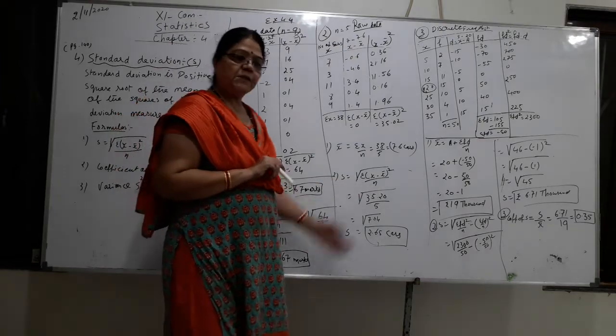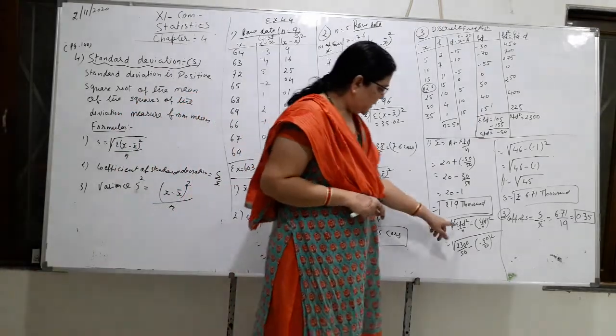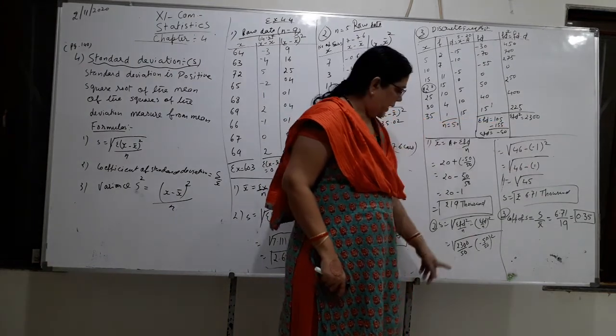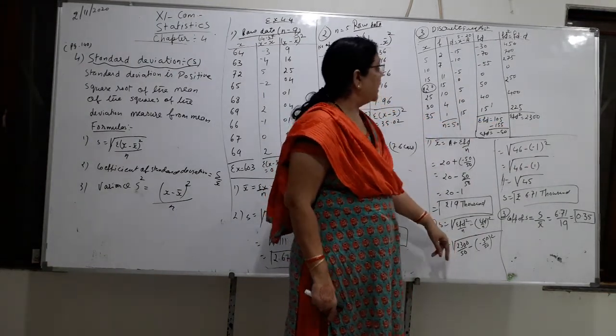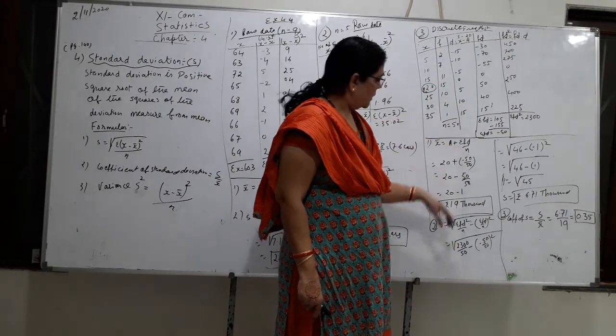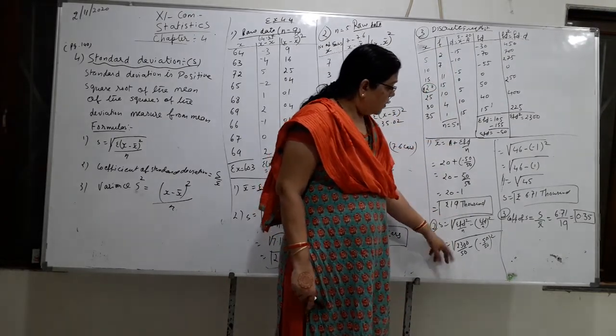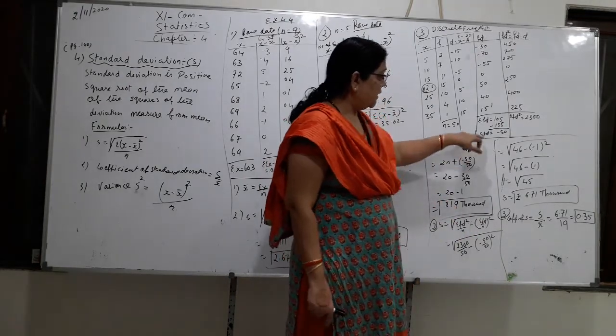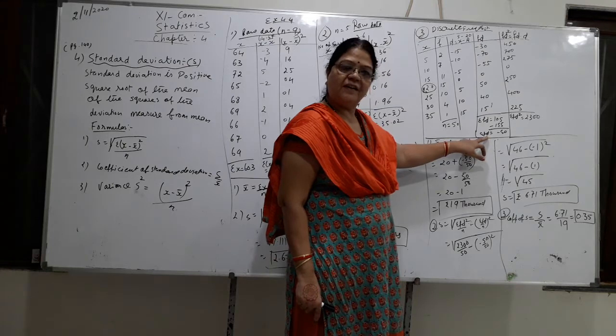So what is the difference? Please see that this is sigma fd square, which we have found out. Upon n, you know what n is. Our n means total of frequency, n is 50. Now sigma fd, what is it? This, minus 50.